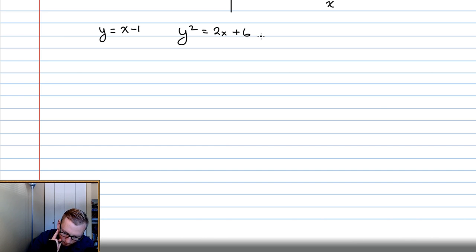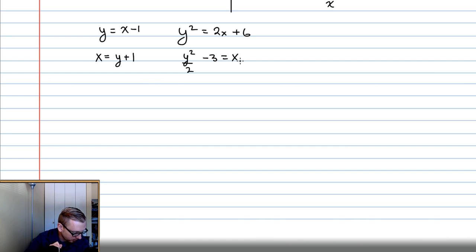Well, y equals x minus 1 is really x equals y plus 1. And this one, y squared equals 2x plus 6, is really, well, you take away a 6, divided by 2, y squared over 2 minus 3 equals x.